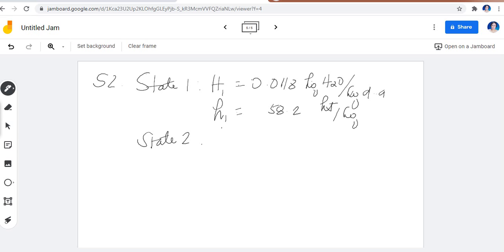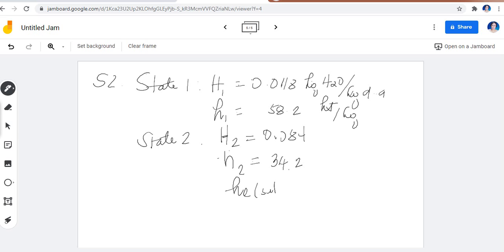For state 2, we have this humidity, 0.084. I will not write the units anymore, anyway you know the units here. You have h_2, the enthalpy, 34.2. And you can get from the steam table the saturated liquid enthalpy.